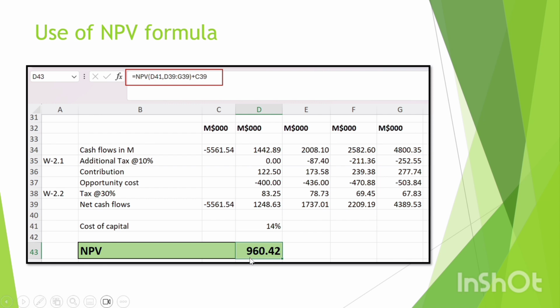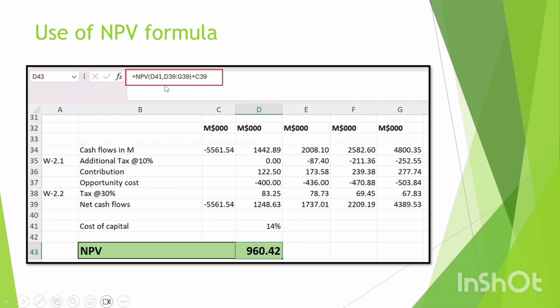So you can see here the NPV formula. We start with equals NPV, open bracket, and we take cash flows from year one to the end of the year up to which values have been given.